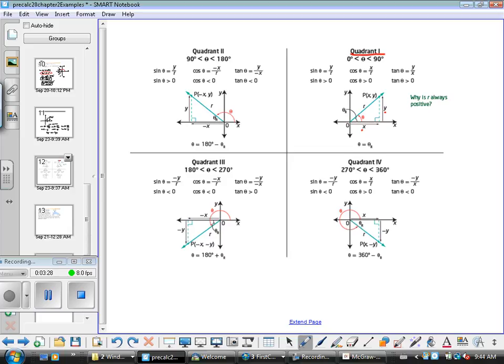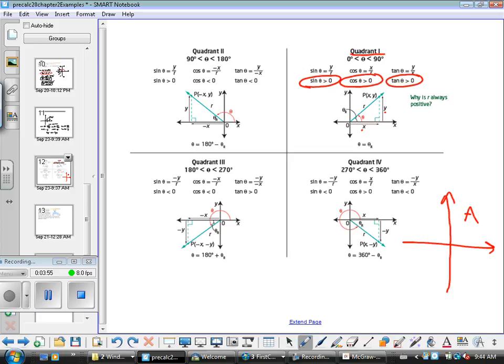But we do give directions to x and y depending on whether our x and y coordinates are positive or not. Okay, so because both the x and y coordinates are positive here, we're going to have a positive sine value, a positive cosine value, and a positive tan. So sometimes we draw the quadrants, and we put an A there to say that all trig ratios are positive in the first quadrant.